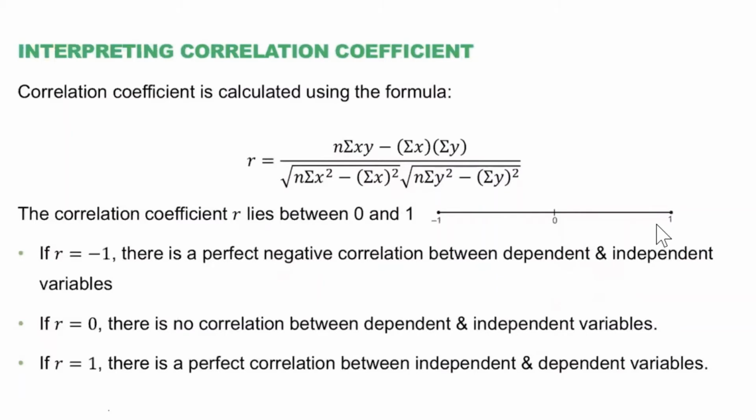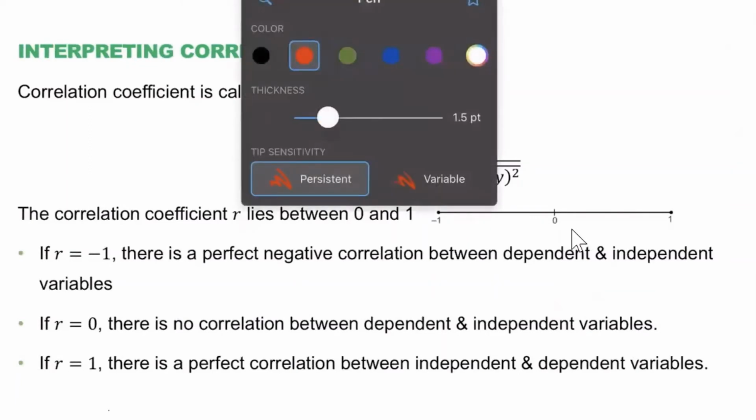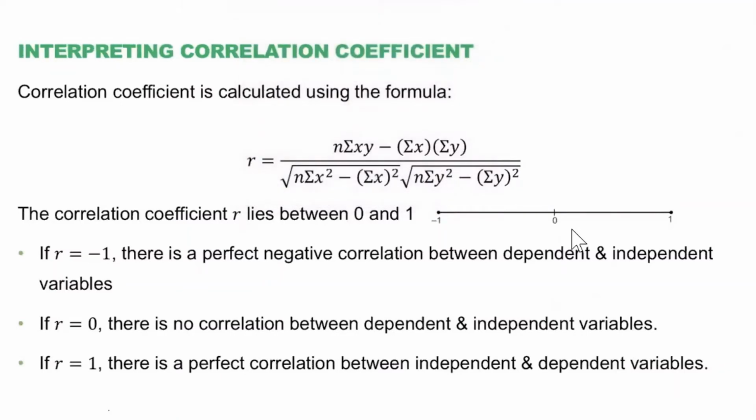If it is close to +1, there is a strong positive correlation. If it is exactly 1, perfect. Close to 1, strong. If it is exactly -1, perfectly negative correlation. Close to -1, strong negative correlation. Not 0, but close to 0, weak. Let me write that here.